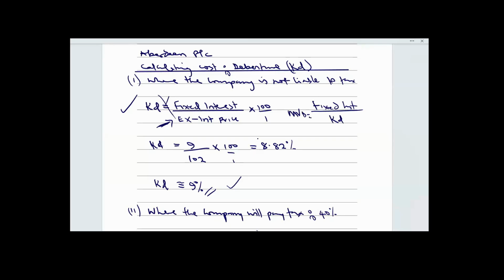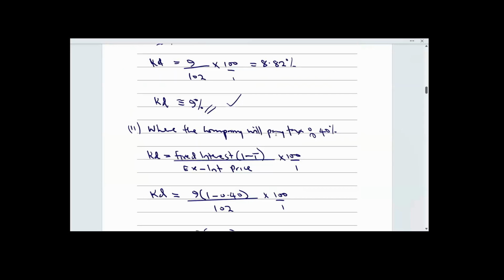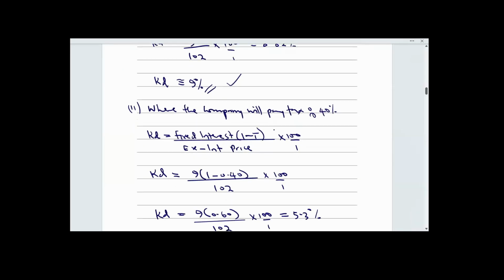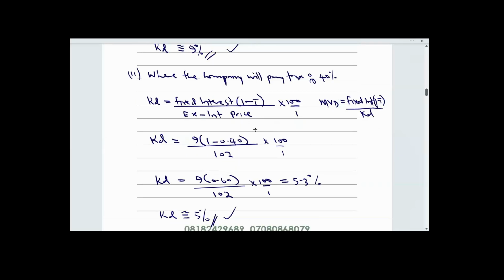Where there is tax, the market value of the debt will be equal to the fixed interest multiplied by 1 minus tax, then divided by the cost of debt. So you have to know all of this. All right, so let's move on.